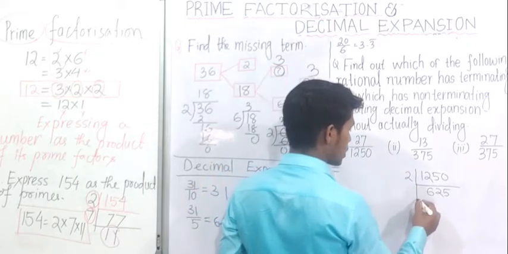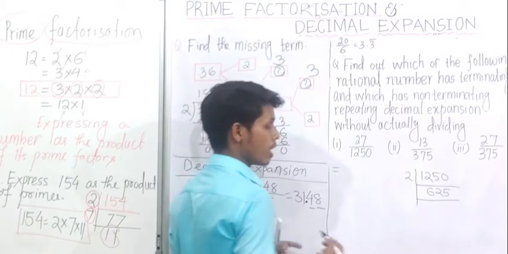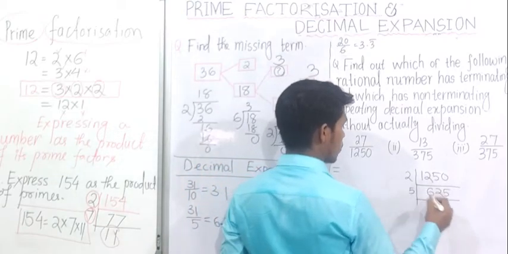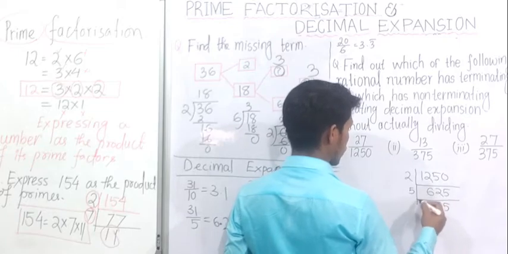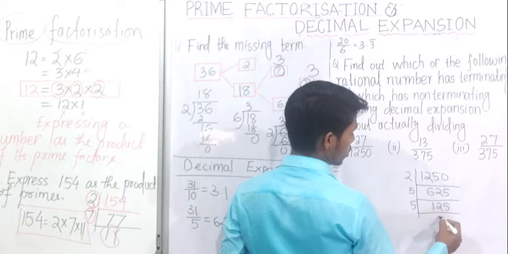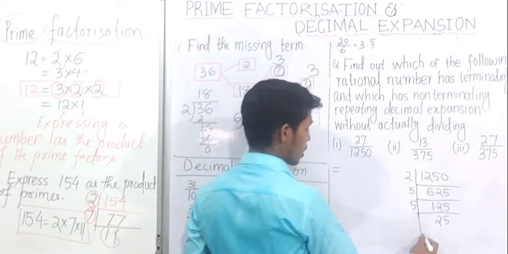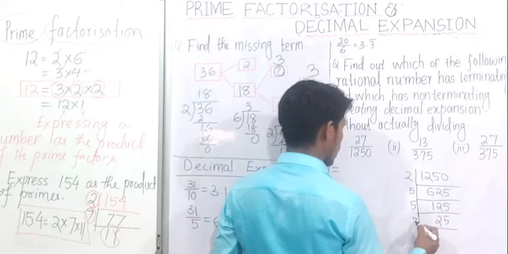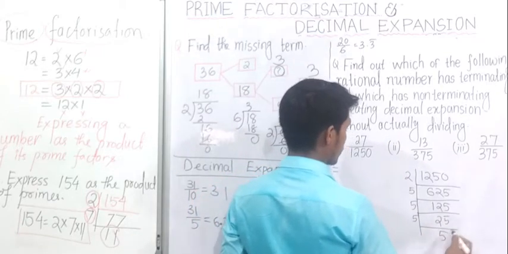Next, as 5 is at the unit place, it is exactly divisible by 5. So now 5 1s are 5, 5 2s are 10, 5 5s are 25. Next 125, it can also be exactly divided by 5. So 5 2s are 10, 5 5s are 25, we got 25. Again 25 can be divided exactly by 5, 5 5s are 25.